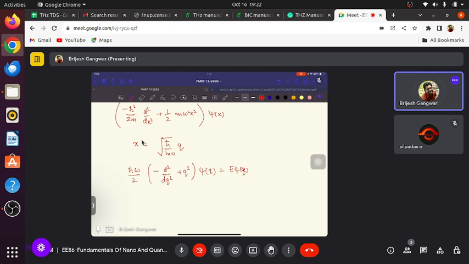The quantity h cross omega denotes the h nu, the same energy found for light quanta.